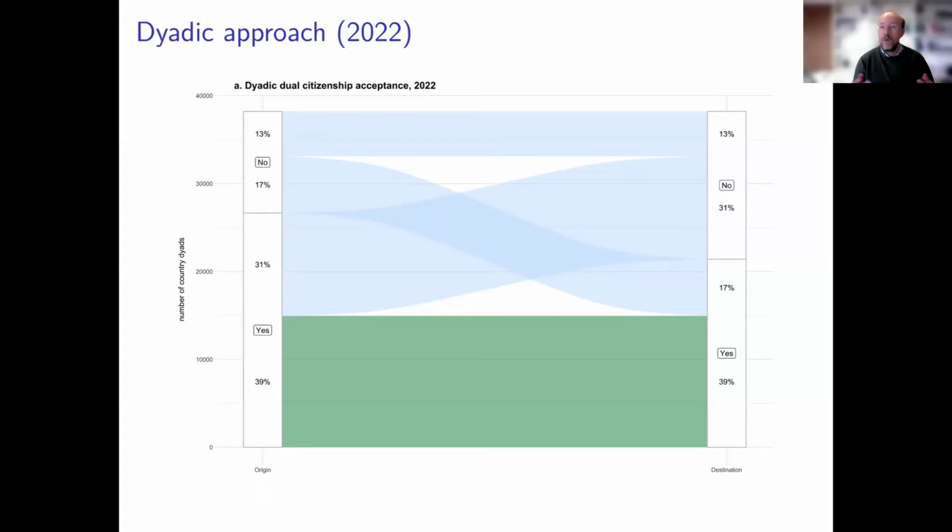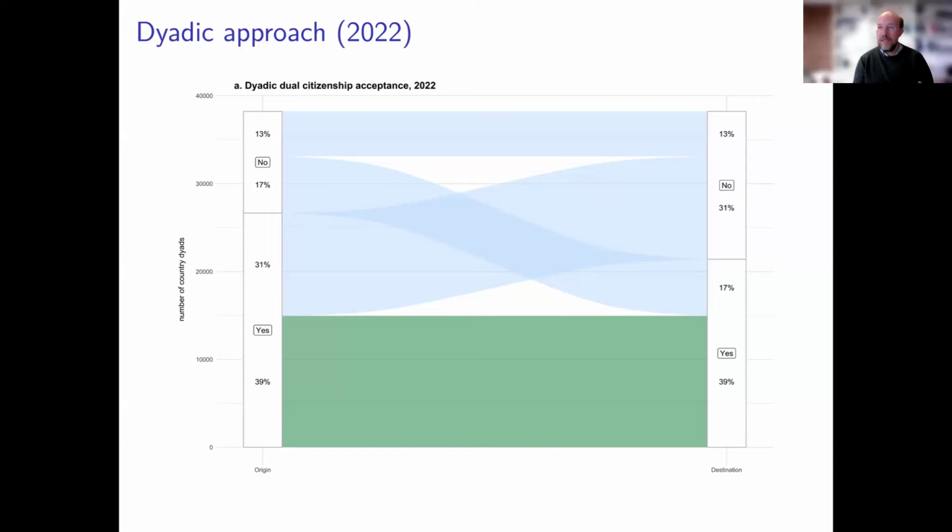As I already mentioned, in order to have dual citizenship, both the origin and the destination rules need to be liberal. Well, what we see when we combine these rules is that even though dual citizenship has become increasingly more prevalent, still only 39% of all dyads in our data set allows for dual citizenship. So in the majority of dyads, dual citizenship is still restricted.